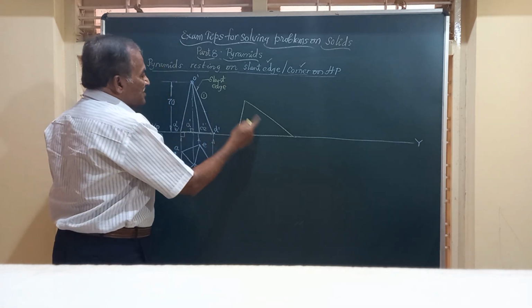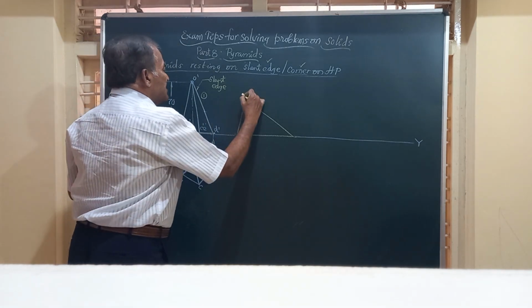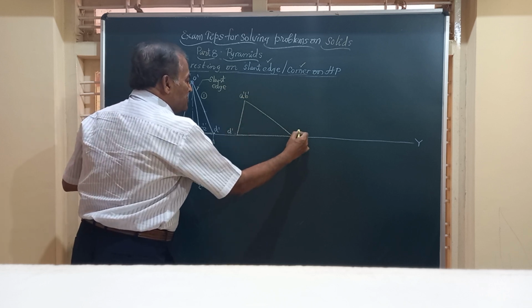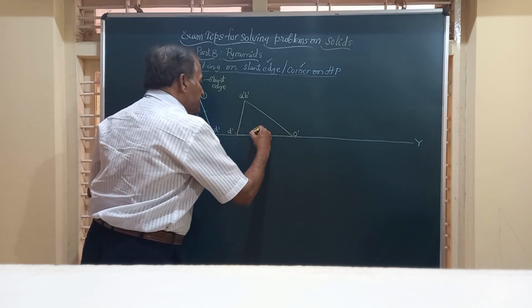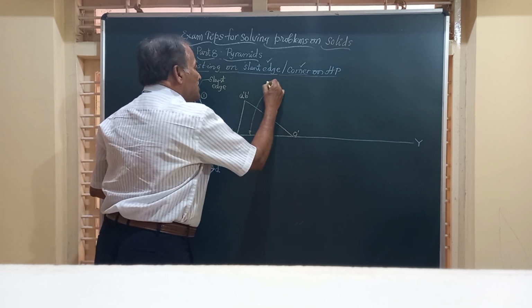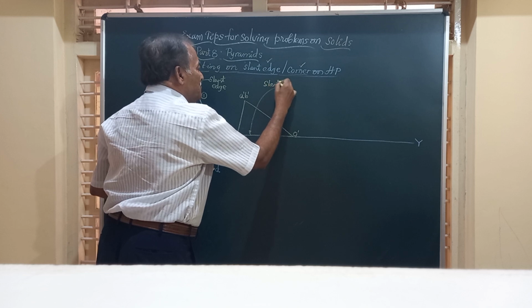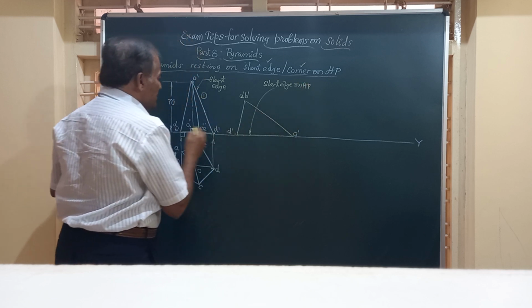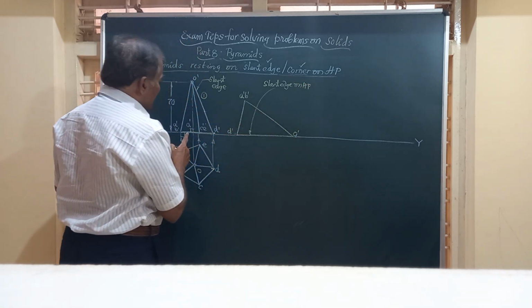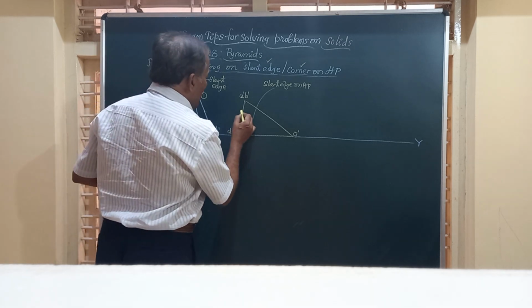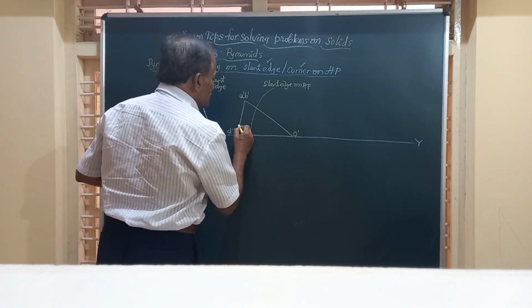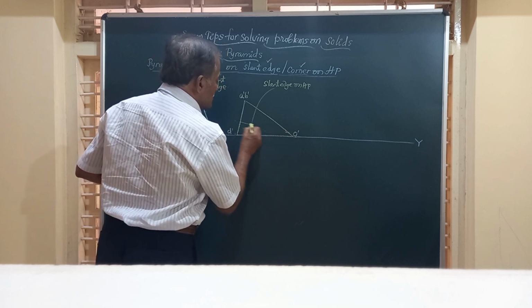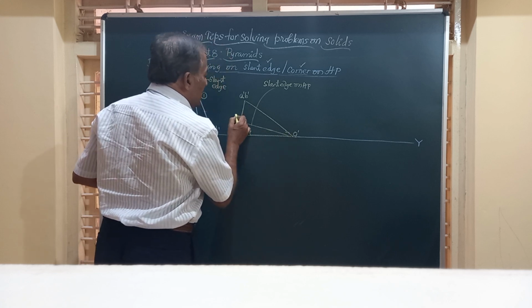So friends, I have redrawn this figure here, and I want to mark these points as A dash, B dash, this is D dash, this is O dash. So O dash D dash is the slant edge. It is on HP. I will say slant edge on HP. And friends, let us mark these other points closer to D, C and E. Full line and the axis.